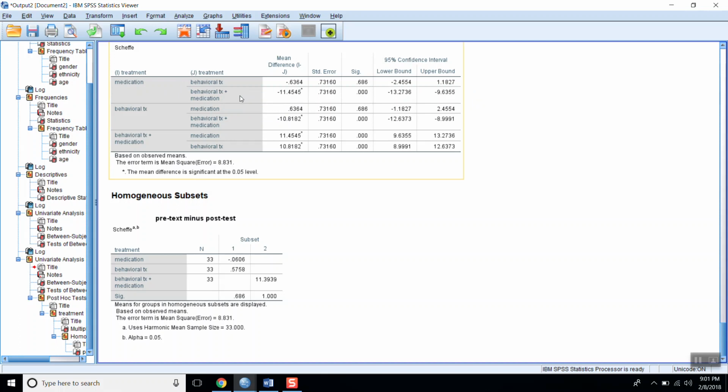Less than 0.001. It really doesn't matter if you put negative or positive, because you'll see later we have the same comparison subtracted the other way and it's positive. So it really doesn't matter which way you put it, as long as you tell us in the sentence which group changed more in the expected direction. Does that make sense? Okay.